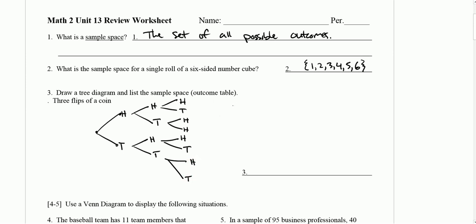And so there's our tree diagram, and our sample space could be heads, heads, heads; heads, heads, tails; heads, tails, heads; heads, tails, tails. Gotta fix my tree diagram, sorry.